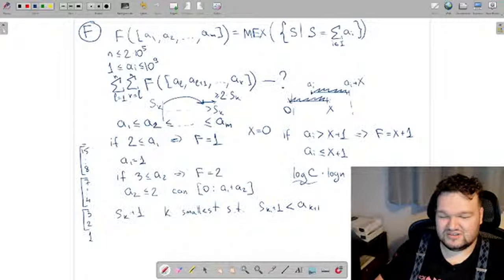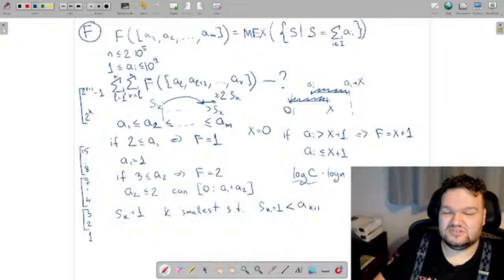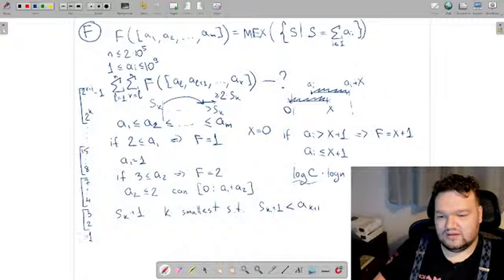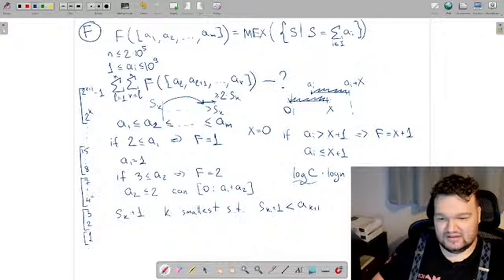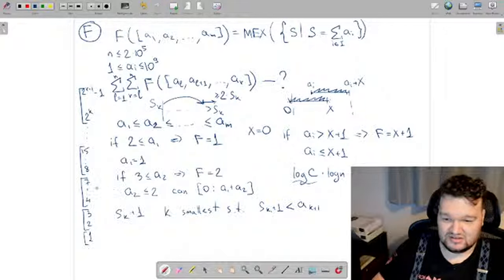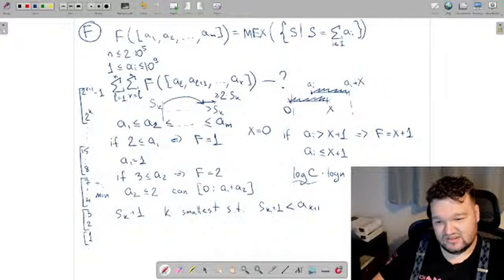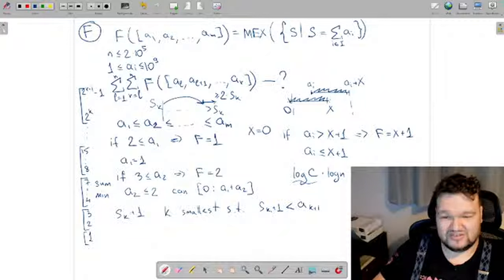So every bucket starts with 2 to the power of k and ends on 2 to the power of k plus 1 minus 1. Then the next bucket starts with 2 to the power of k plus 1. And I state that for each bucket, we are interested in the smallest value in the bucket and the sum of the values in the bucket.